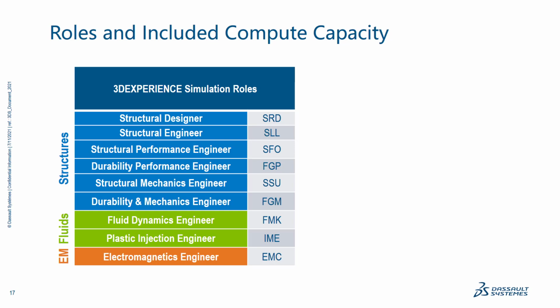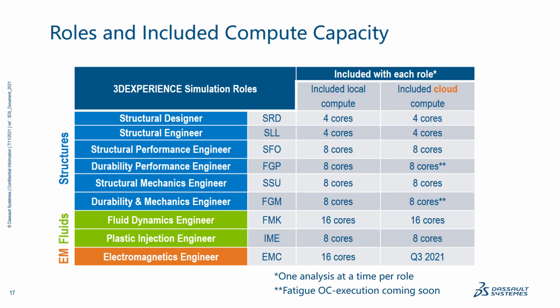Then we have a role for CFD simulation with the fluid dynamics engineer, plastic injection capabilities with the role plastic injection engineer, and a role using CST technology with the electromagnetic engineer, allowing simulation in that domain. So each of these roles is targeted to a certain user group, and with each of those roles we are providing simulation capabilities when it comes to executing the simulation, so really running the solver.